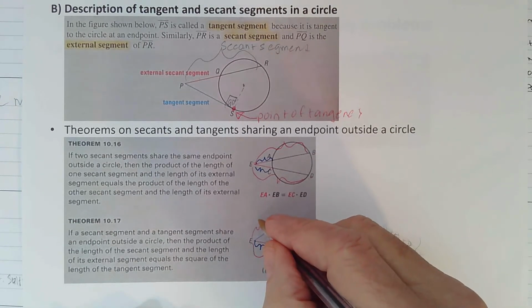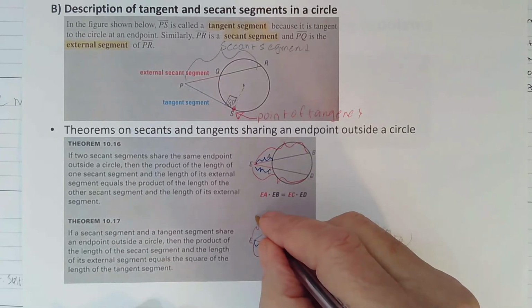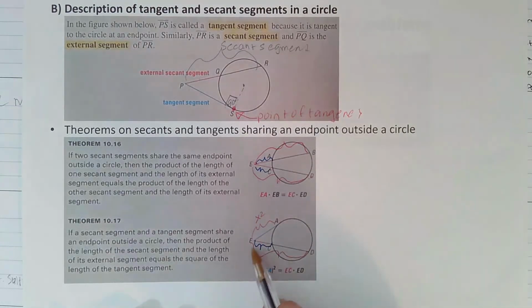So we want to call this, just for the heck of it, x squared. We don't know what that value is, but it's going to be squared.